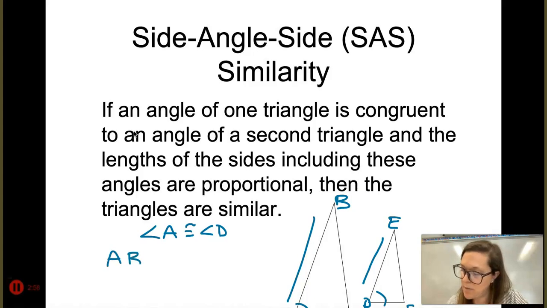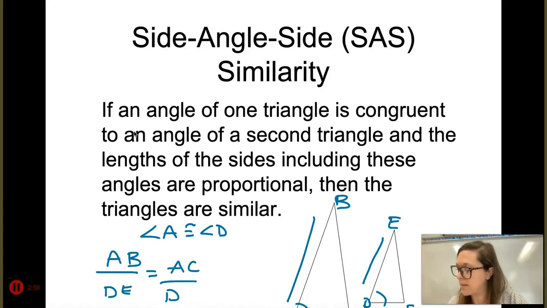So AB would be proportional with DE, and would need to be equal to AC corresponding to DF. If you have all of that, then we would have them similar. So triangle ABC is similar to triangle DEF by side, angle, side similarity. Sorry for my chicken scratch.